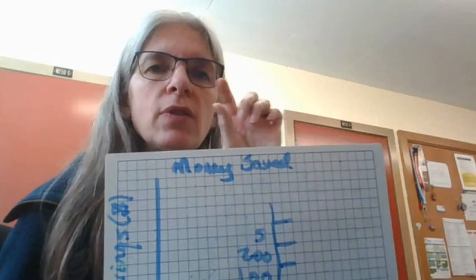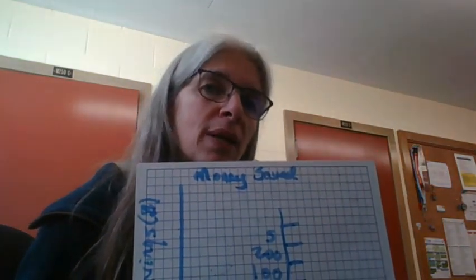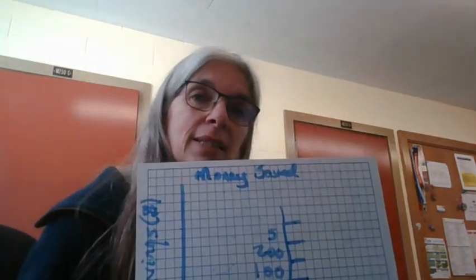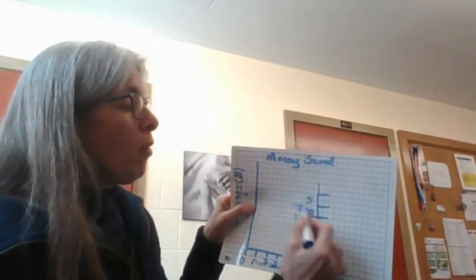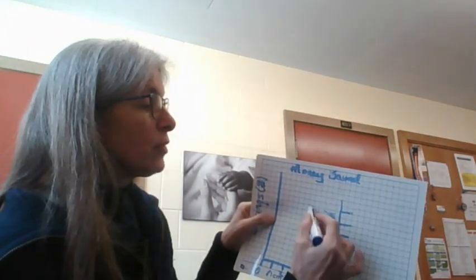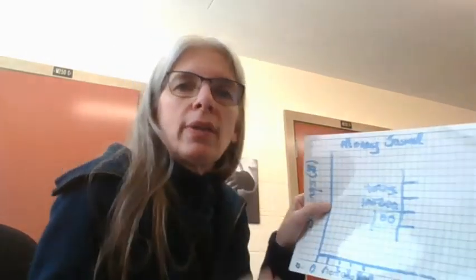The size of the square has to represent a certain amount of money, and that amount of money has to be consistent throughout the whole graph. So if you decide here to here is 100, it always has to be a 100 difference, always. You can't just make it whatever you calculated the savings is for the month.